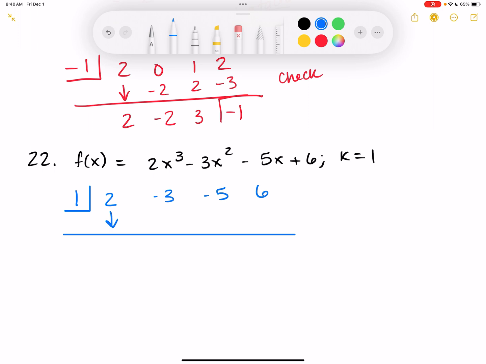Then run synthetic, so bring down the 2, times 1 is 2, minus 3 is negative 1, times 1 is negative 1, minus 5 is negative 6, times 1 is negative 6, so that's going to be 0.